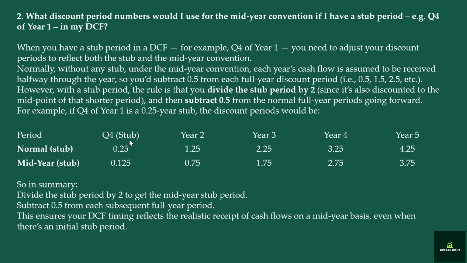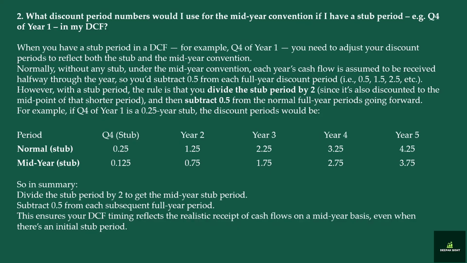So we are assuming that even if this is one quarter's number, using the mid-year convention we are generating the revenue in the middle of this quarter. And we will subtract 0.5 from each subsequent full year discount to maintain a mid-year assumption for all subsequent periods.